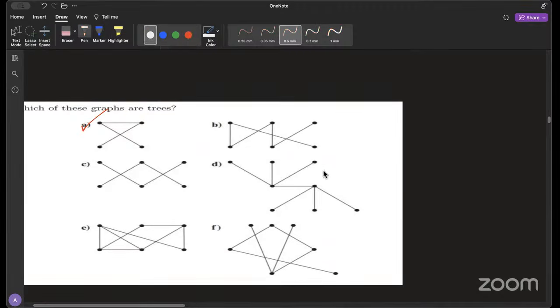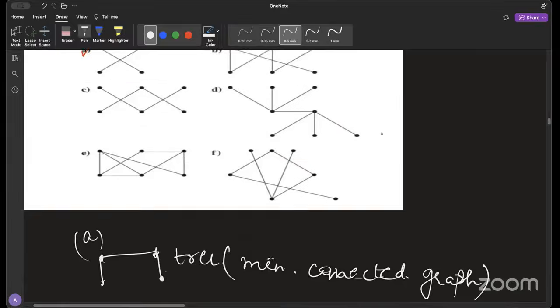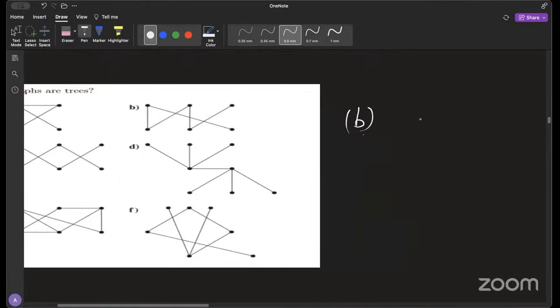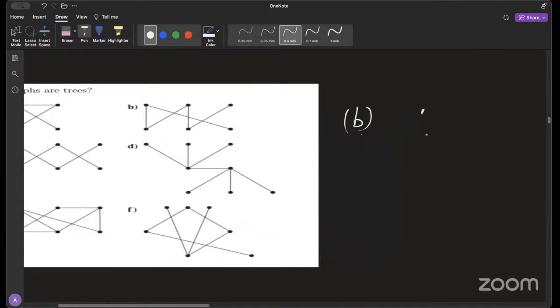Then coming to the second option. This is also a tree. Let's mark these points A, B, C, D, E, F. So here you will have A, F, then D here, then B here, E here, and C here, right?